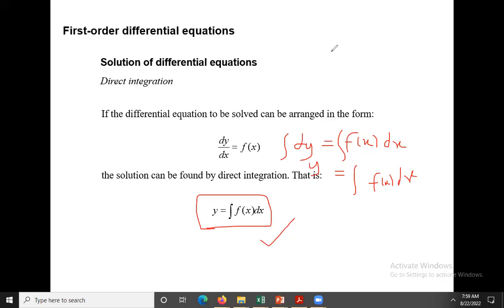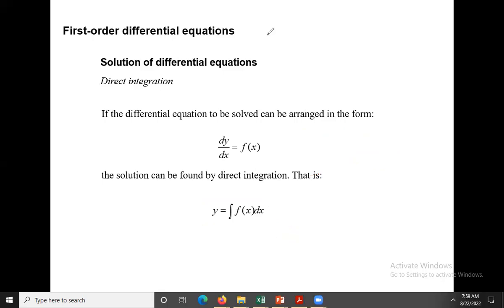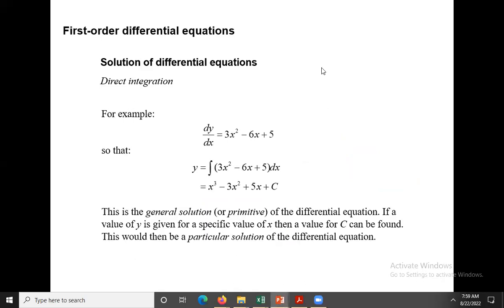So let's take an example. In our example here, we've been told the differential equation is giving us dy/dx equals this, and we are supposed to find the solution, which is y.